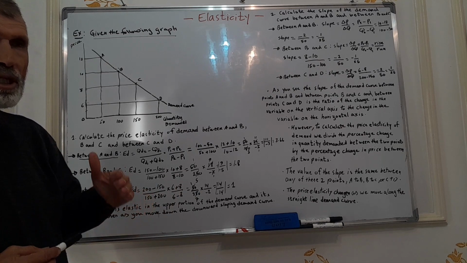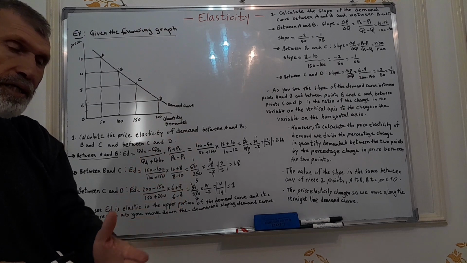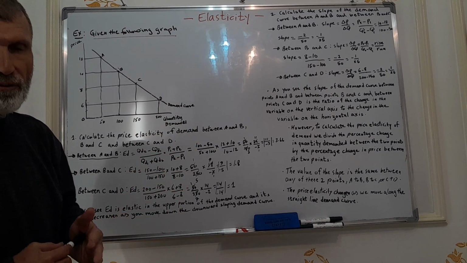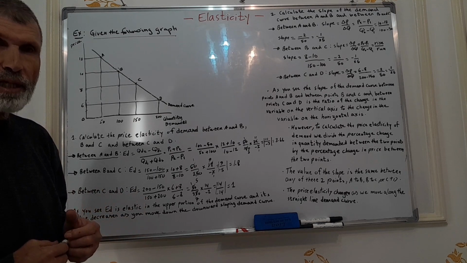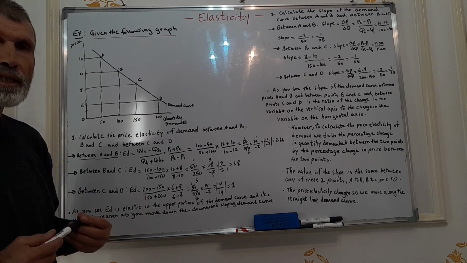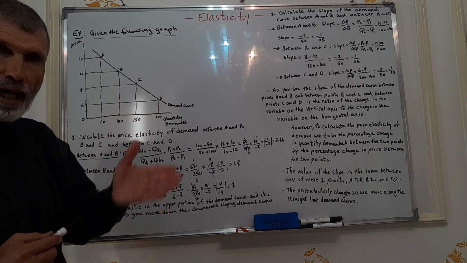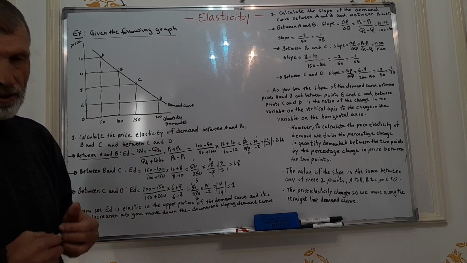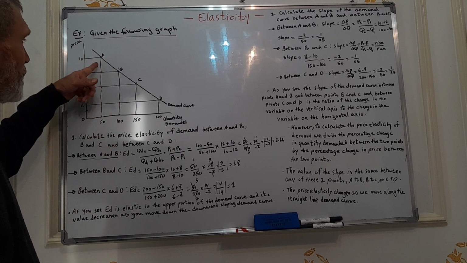In other words, we move from highly elastic in the upper half to highly inelastic in the lower half of the demand curve. We will show that later on when we discuss the price elasticity of demand along a downward sloping demand curve.